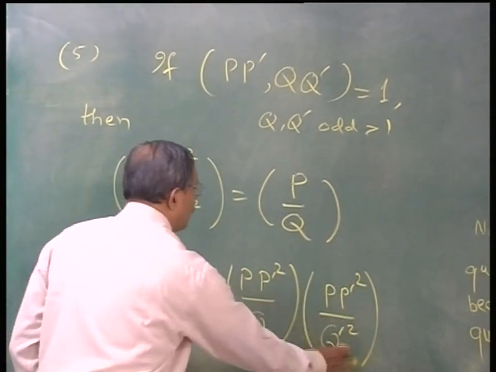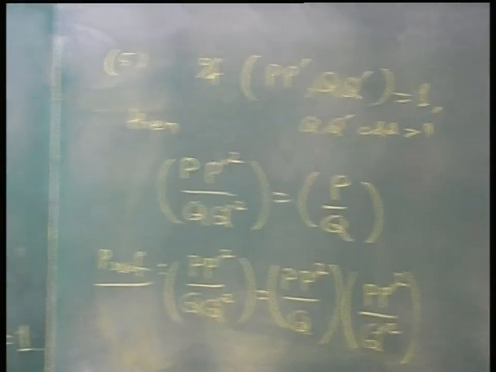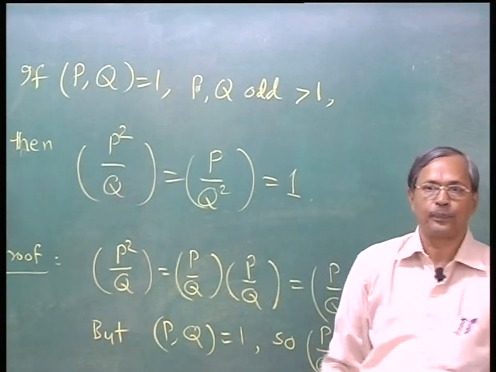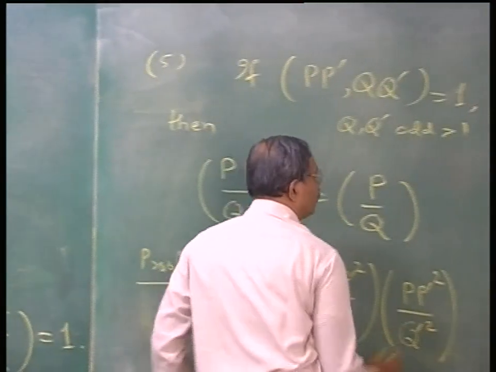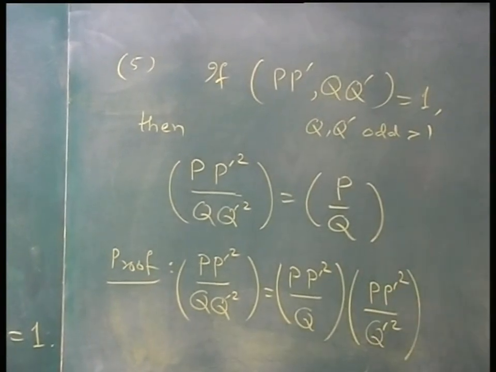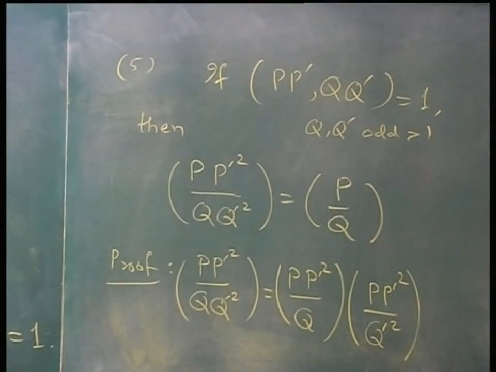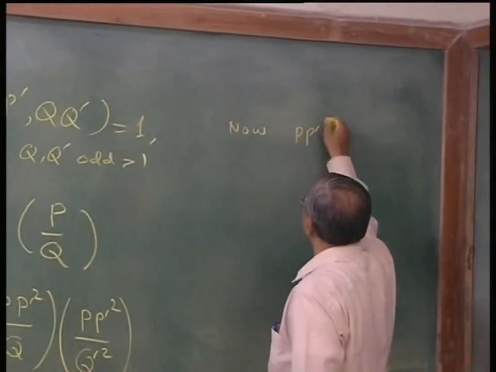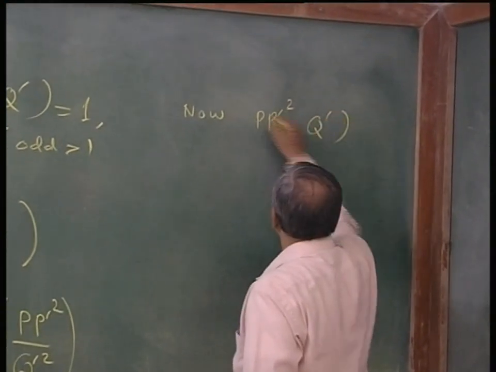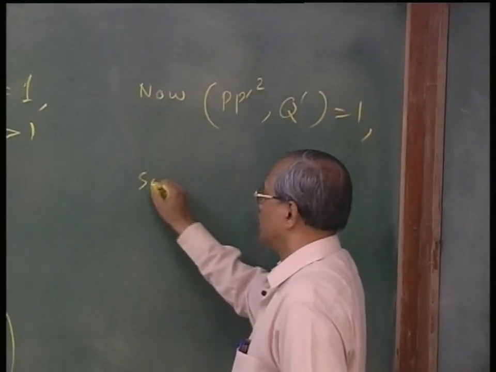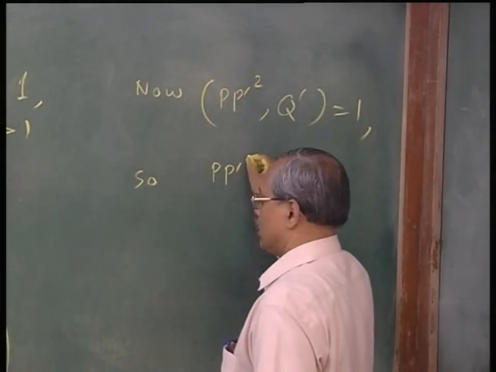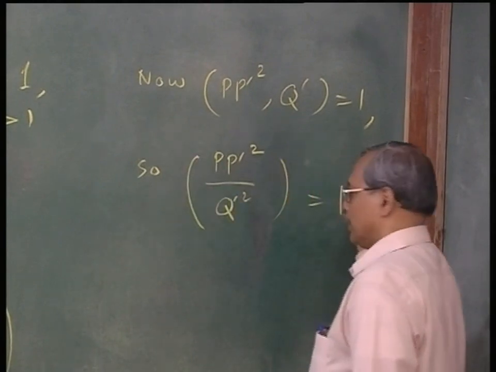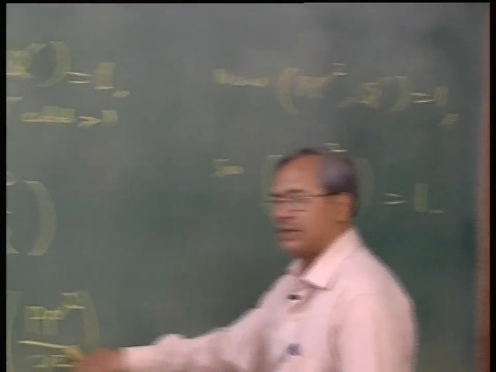That something is coprime to the denominator, and it is equal to 1 provided P and Q are coprime. So this thing is coprime to Q'. Now P'² is coprime to Q', so (P'²/Q'²) is equal to 1. This is about this term.